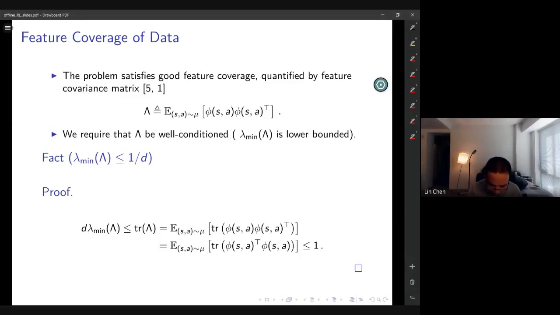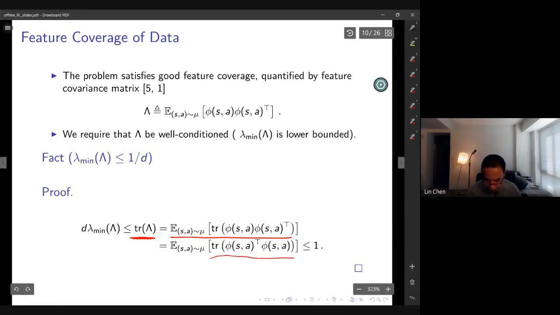We can see that the trace of lambda is the expectation of the trace, because trace is linear. The trace of phi phi transpose is equal to the trace of phi transpose phi, which is the norm of phi squared, so it is upper bounded by 1.